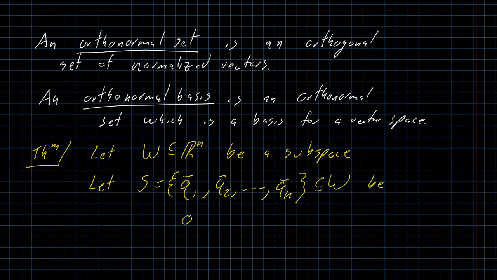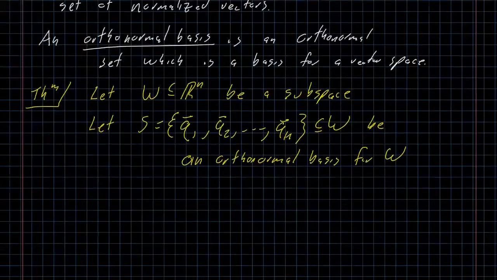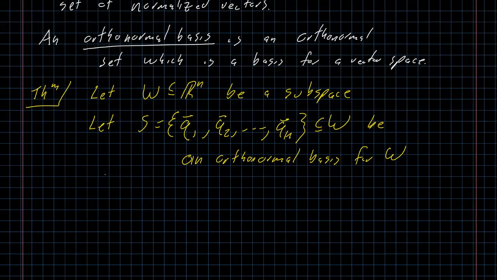And this time we have an orthonormal basis for W. And let's let little w be an element of set big W. That doesn't really look like a W. That looks a little bit more like a W.